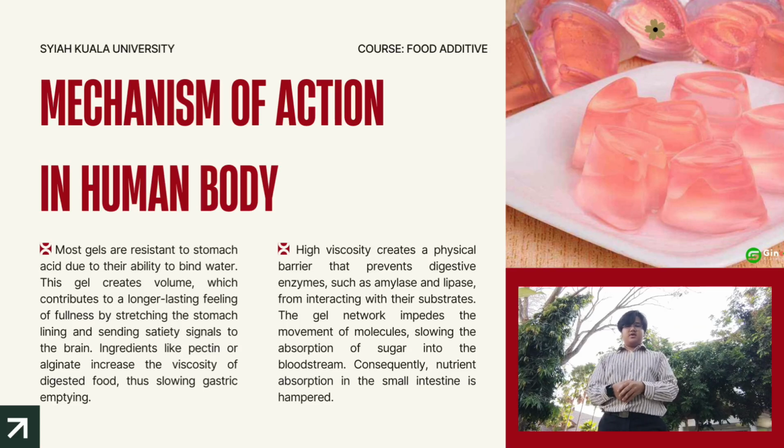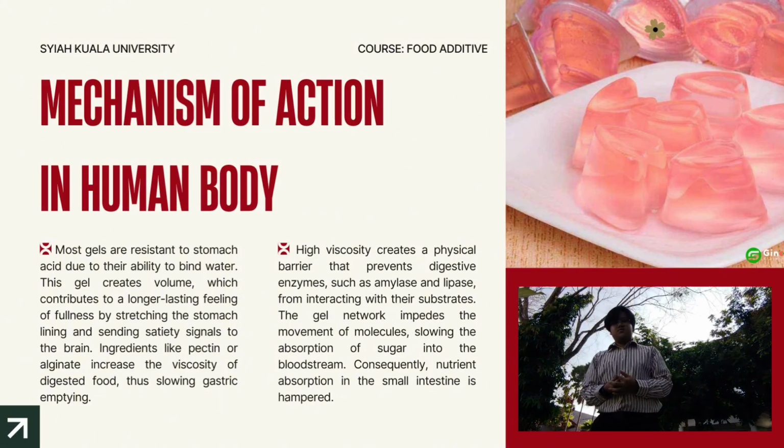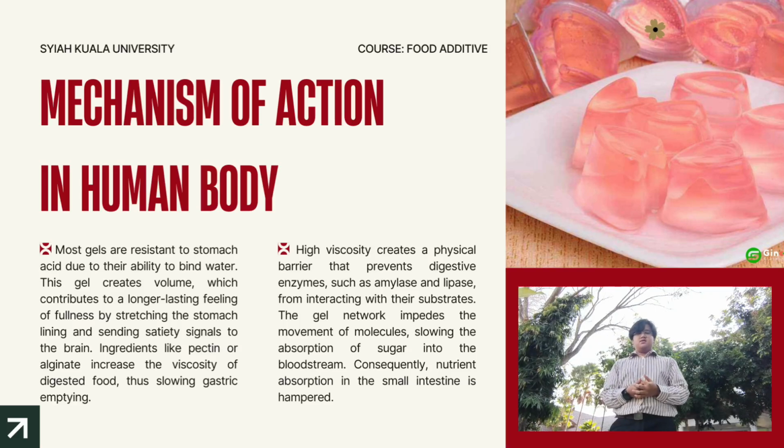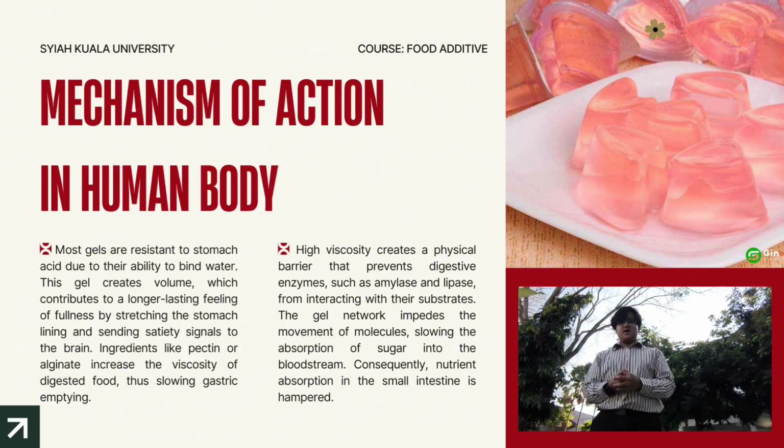High viscosity creates a physical barrier that prevents digestive enzymes such as amylase and lipase from interacting with their substrate. The gel network impedes the movement of molecules, slowing the absorption of sugar to the bloodstream. Consequently, nutrient absorption in the small intestine is hampered.